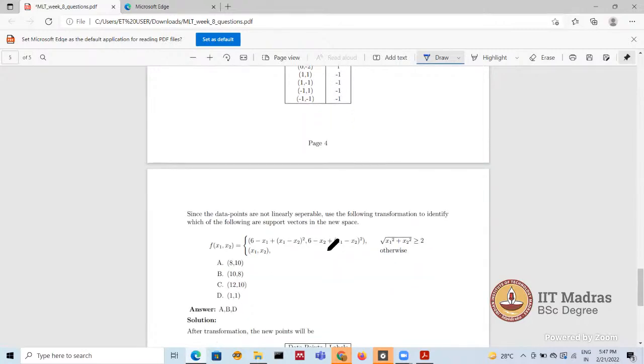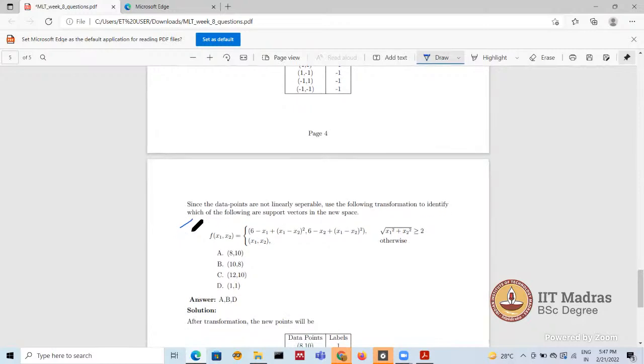We just have to make you work out how this transformation is done. So we are making you do the transformations only, and the rest of the things work in that space only, because after transformation also you are in R2. It's a transformation from R2 to R2. Otherwise, the other approach is followed.